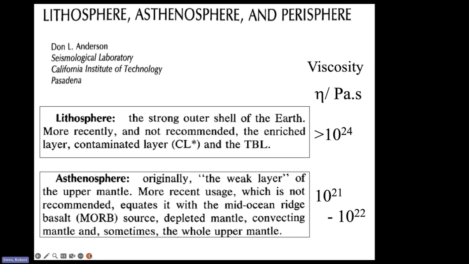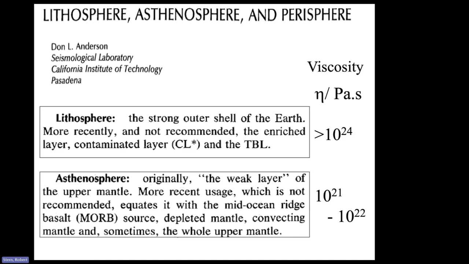Now we can talk about viscosities. Viscosities are usually reserved for describing liquids, but it has been useful in describing the difference between lithosphere and asthenosphere. So viscosity in Pascal seconds. For lithosphere, the viscosity is much greater than 10 to the 24th.